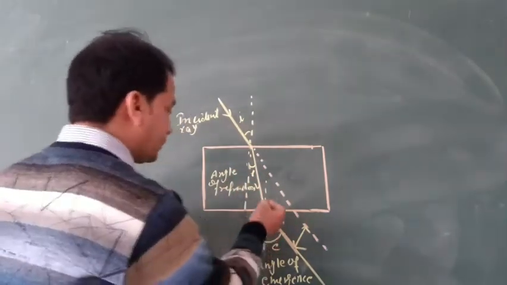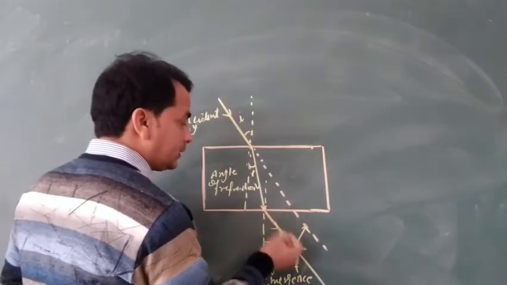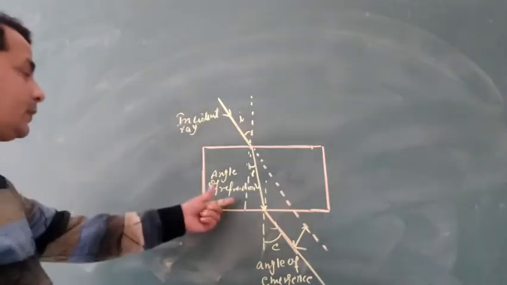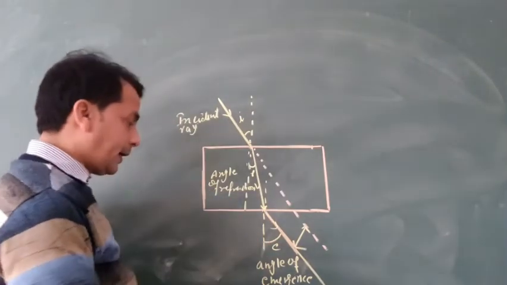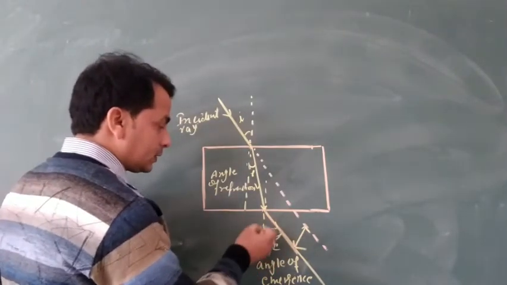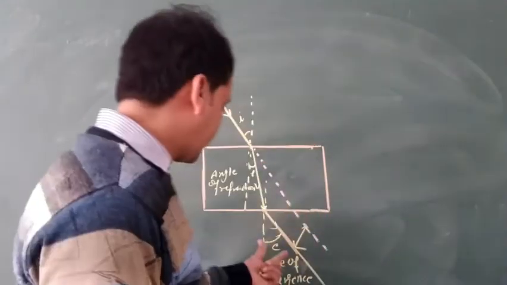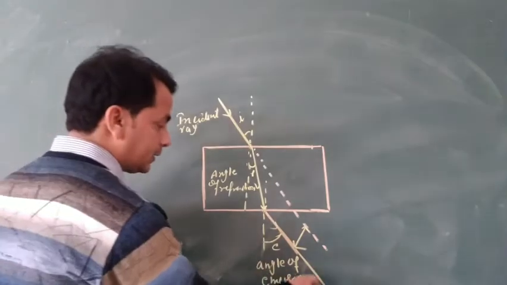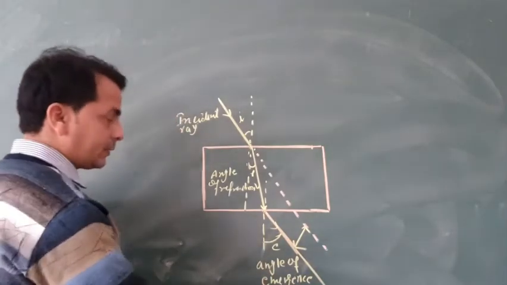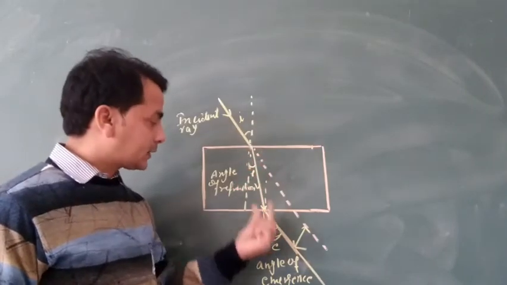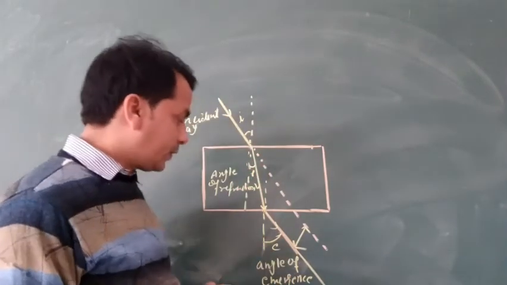Next, the ray of light travels from glass to air. That ray is called the emergent ray, and the angle it makes with the normal is called the angle of emergence. So here we have the angle of incidence, angle of refraction, and angle of emergence.